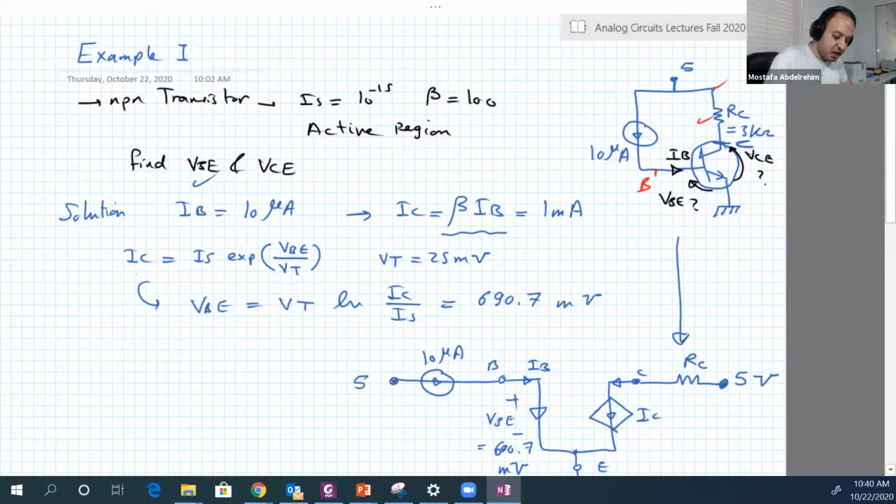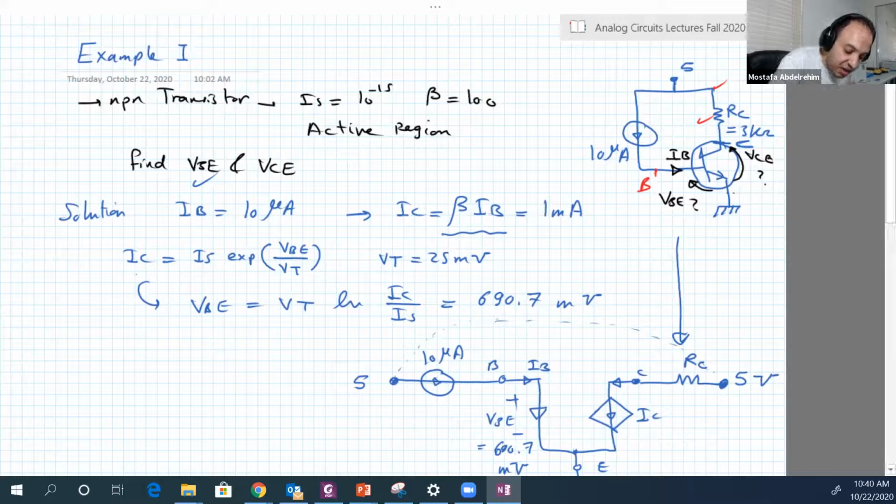Now someone will say, oh, we have two sources now. No, it's just one node, so I can just connect them, but I don't want the drawing to be bad. If you have two nodes in any circuit that have the same voltage, you can just connect them, as there is a short between them. It's the same node.